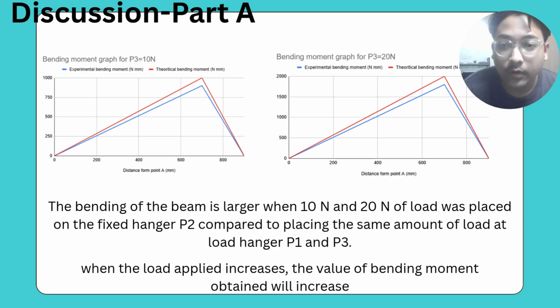For P3, as you can see here, for 10 Newton and 20 Newton. The bending of the beam is larger when 10 Newton and 20 Newton of load was placed on load hanger P2 compared to placing the same amount of load at load hangers P1 and P3. When the load applied increases, the value of bending moment obtained will increase.